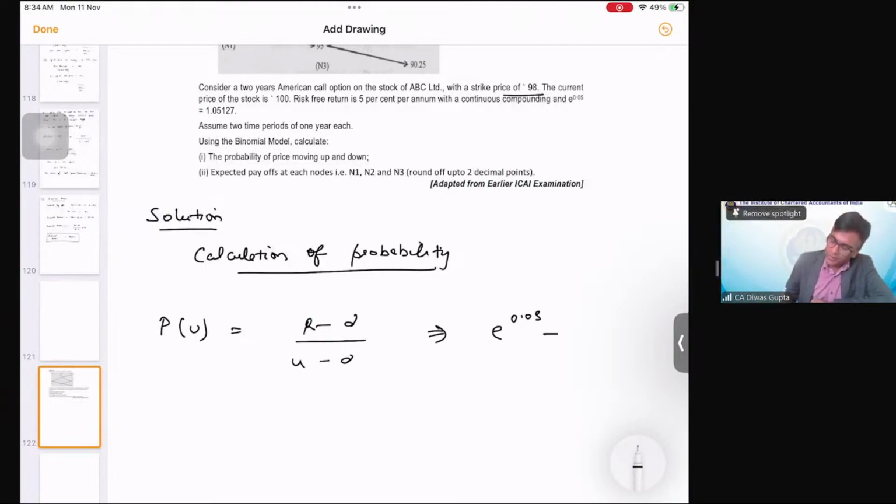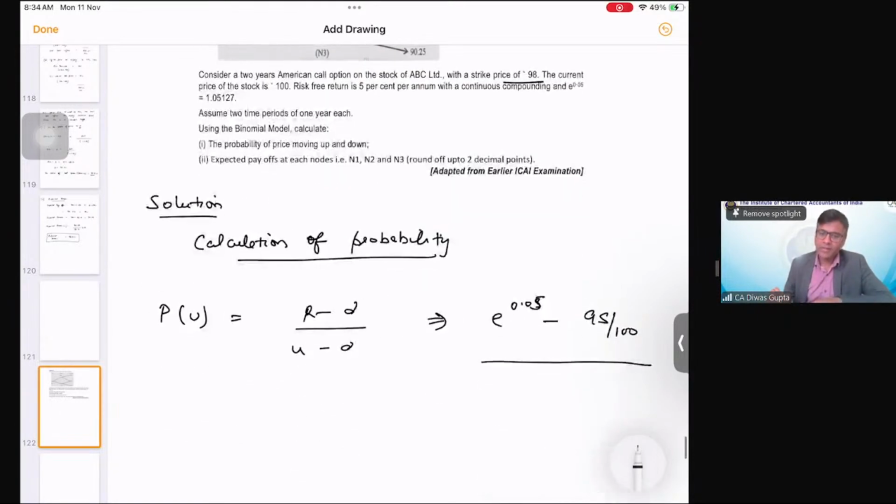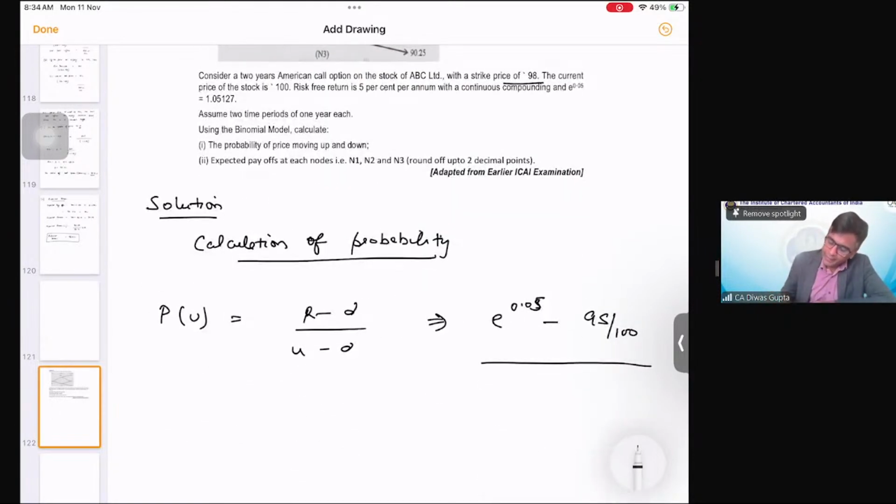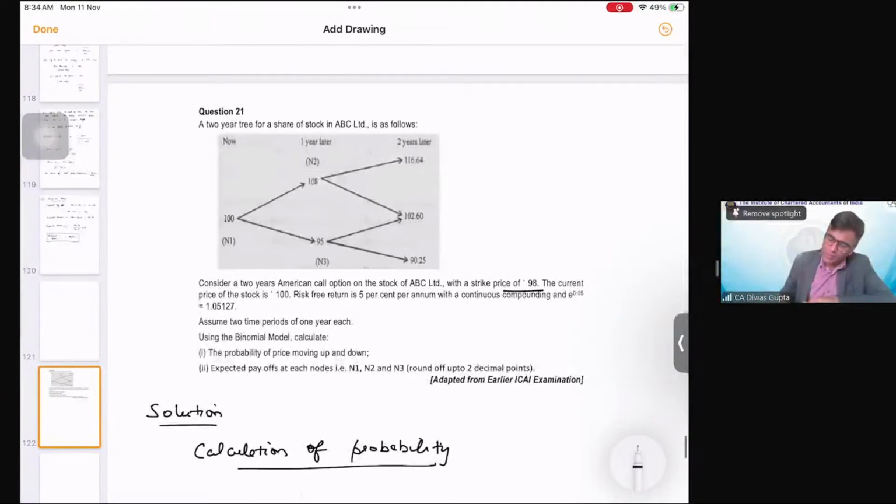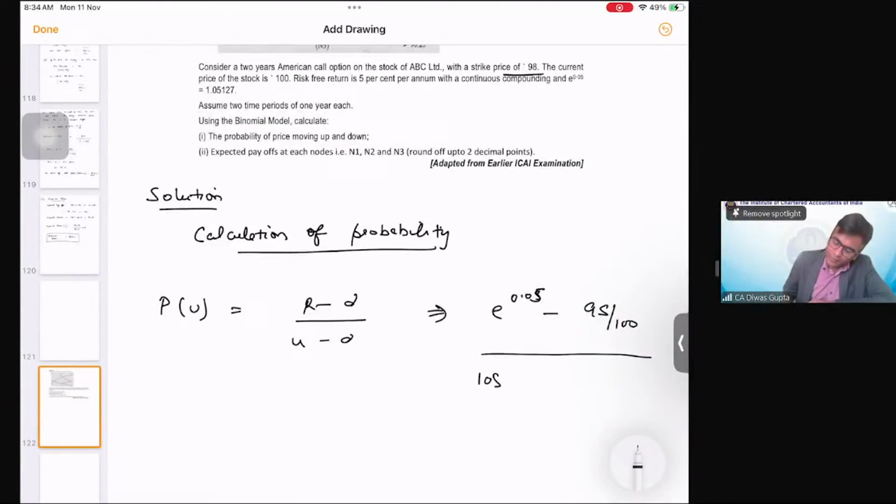So we can put e raised to the power 0.05 minus 95 divided by 100. This is the proportion of the prices going down, which is 95 at N3. And the proportion of price going up is 108, right? Minus 95 divided by 100.